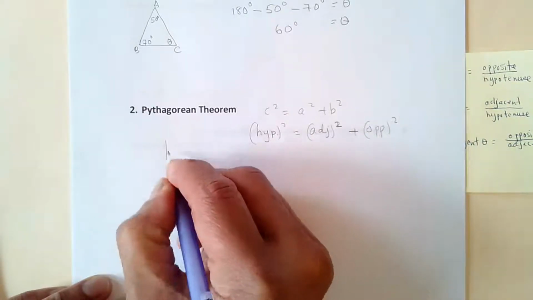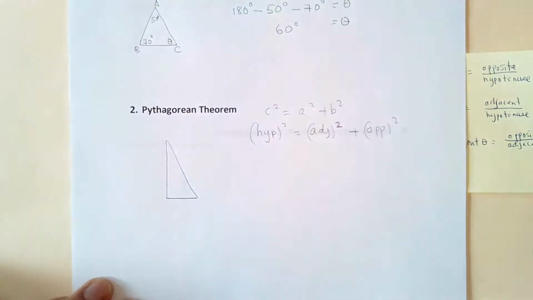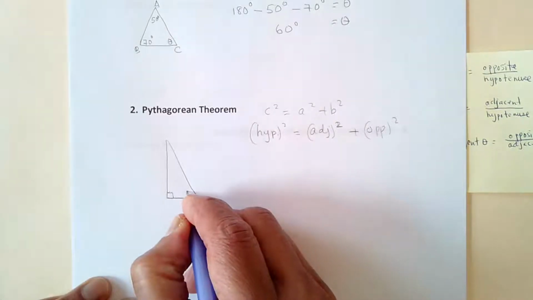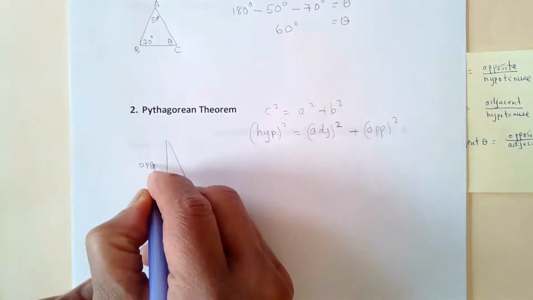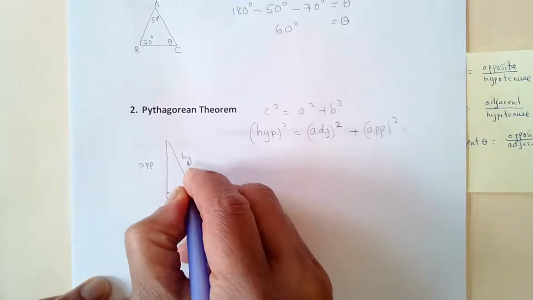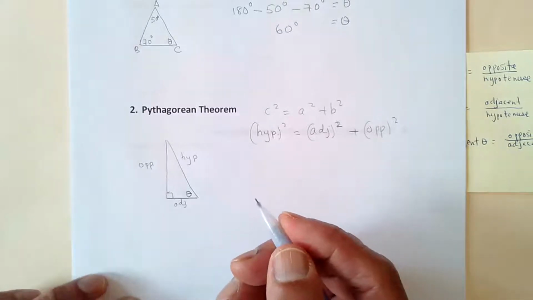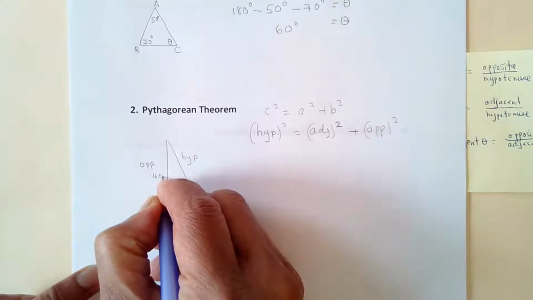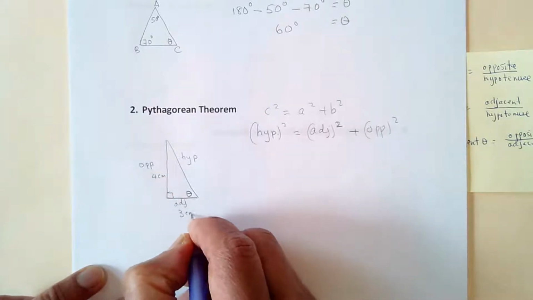So if we have a triangle and this is the right angle here, and theta here, this is my opposite side, and this would be my hypotenuse and adjacent. Let's say the opposite side is 4 centimeters and the adjacent side is 3 centimeters.